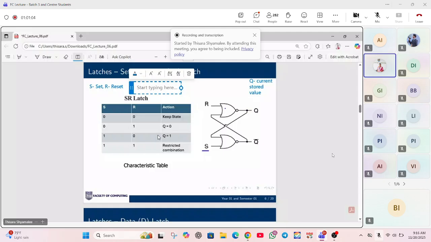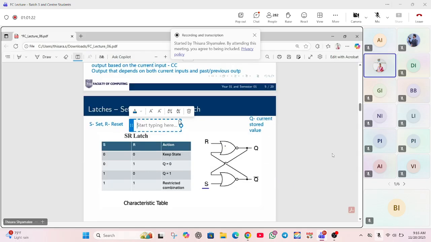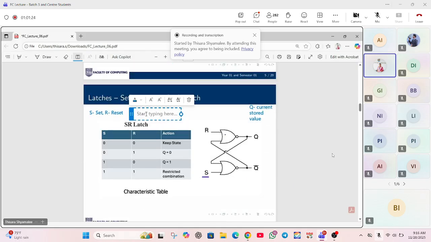In the previous slide I also told you about sequential circuits. The output of a sequential circuit depends on the current inputs and the previous outputs. So with this SR latch also, the basic idea is that it remembers the previous output until a new input is applied.